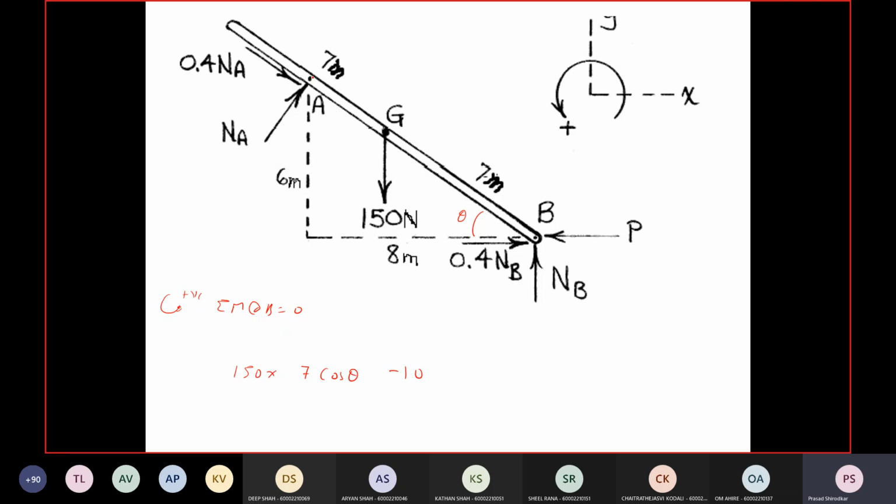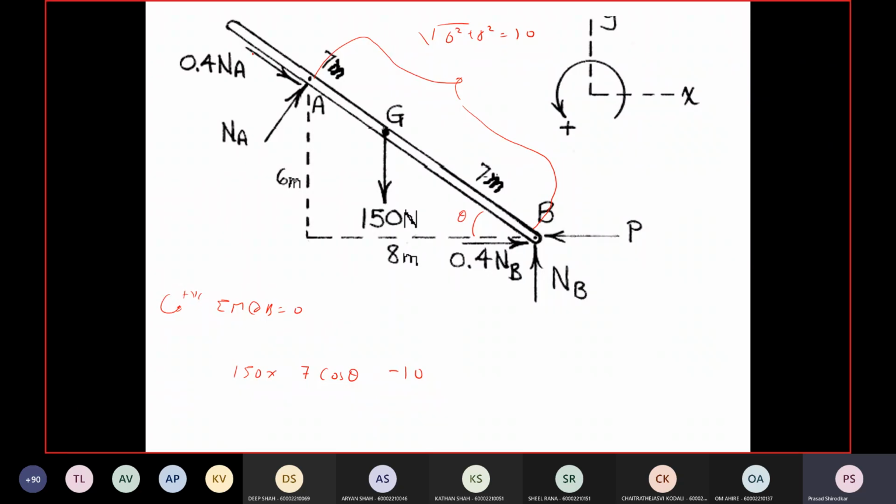So this distance will be, as you have correctly said, square root of 6 square plus 8 square, that is equal to 10. Okay, so that distance is 10.